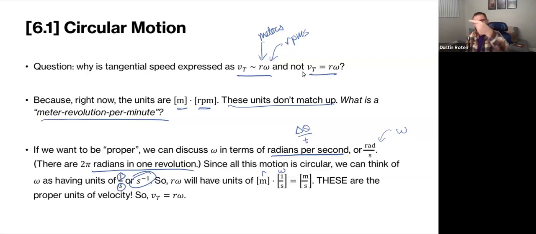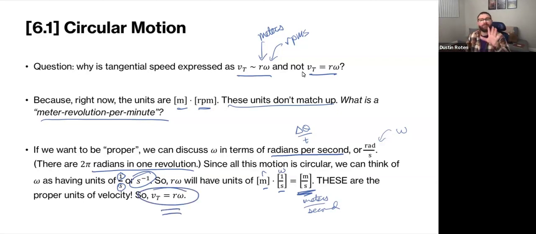Well, the meters just goes into the numerator, and that gives us what we would expect, meters per second. Okay, now these are the proper units of velocity. If we measure with radians per second or just inverse second, then we get to write the equal sign, okay?